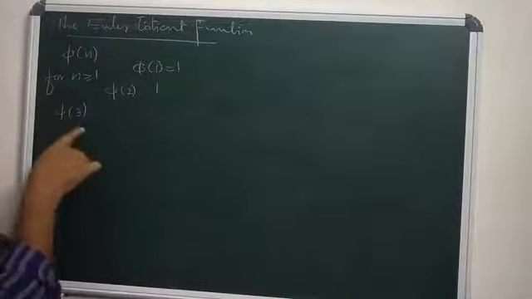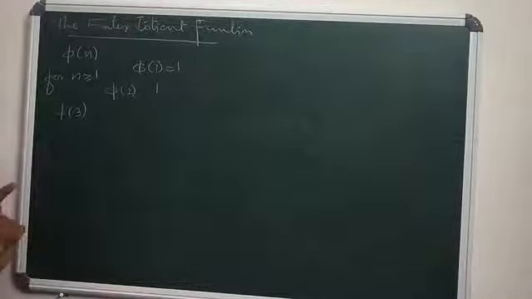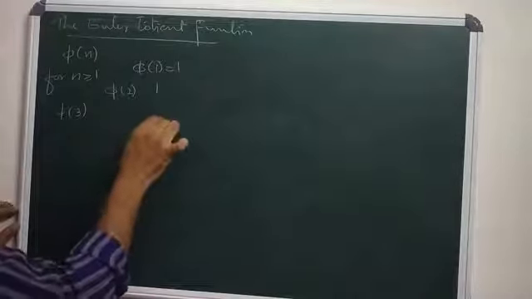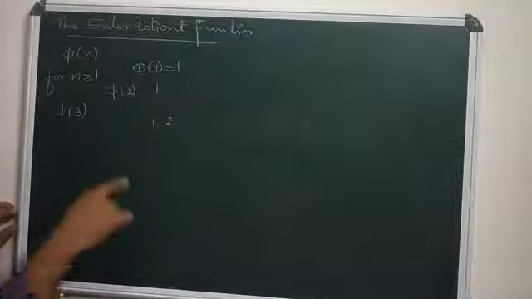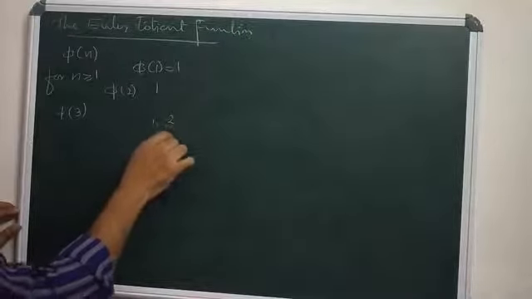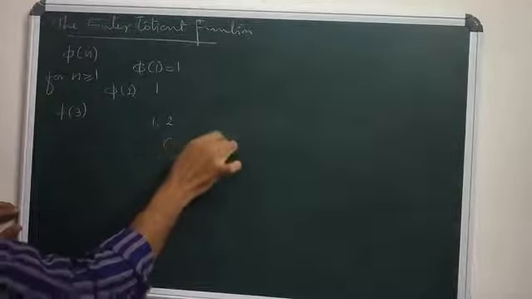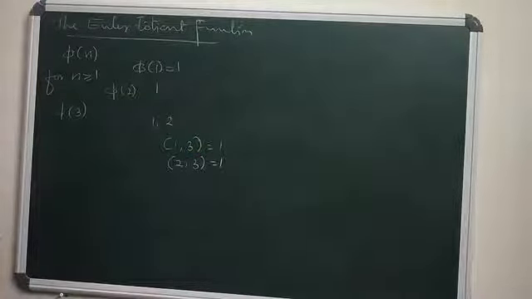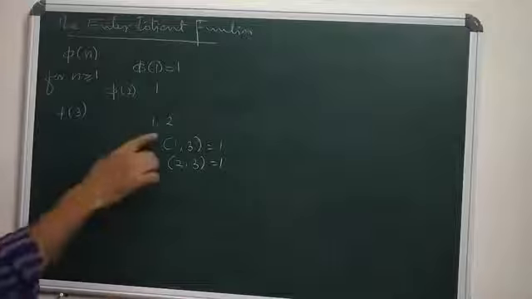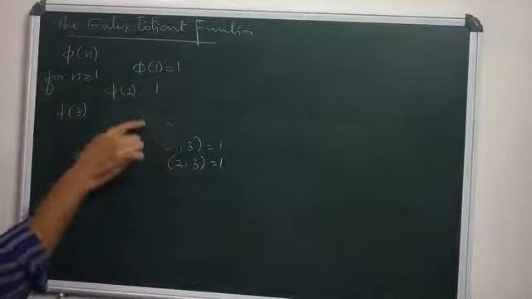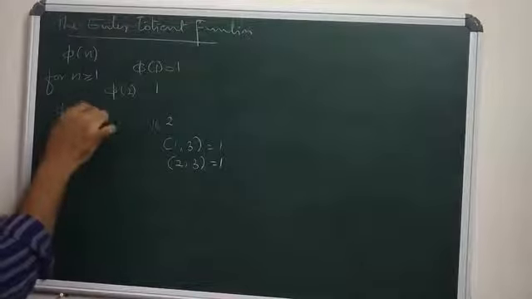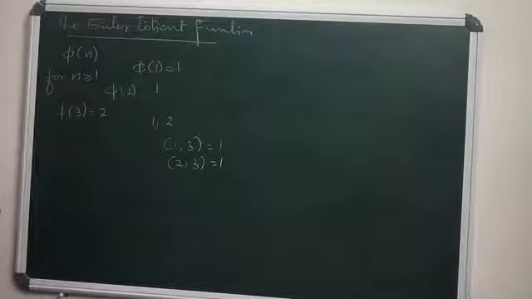The positive integers which are less than 3, 1 and 2, are also relatively prime to 3. Why? Because the GCD of 1 and 3 is 1, as well as of 2 and 3. There are 2 such positive integers. So phi of 3 equals 2.